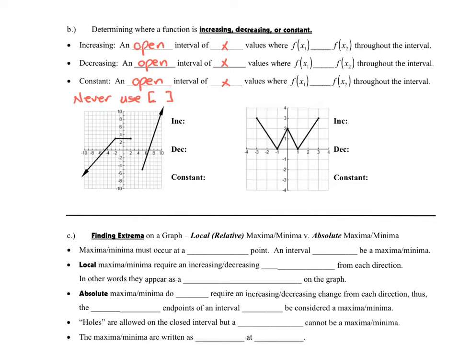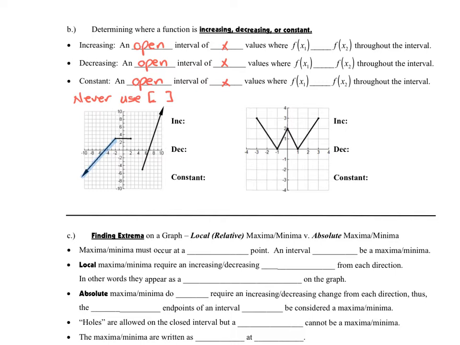If we start with increasing, let's first just look at the graphs and understand what's happening. If I look at this first graph and trace it from left to right, I notice that my graph is going up.